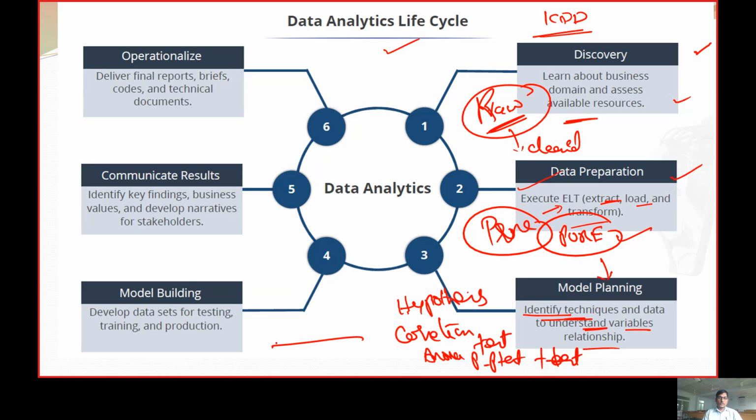The next stage was to move towards model building. In model building, we plan a model that can be clustering, which is part of unsupervised learning, or it can be supervised learning. So this is unsupervised.